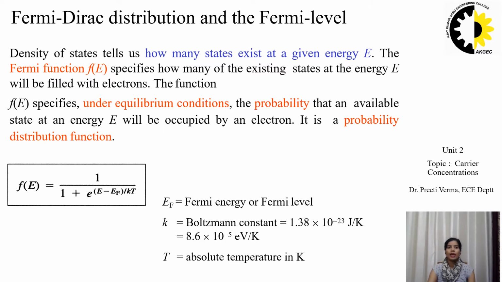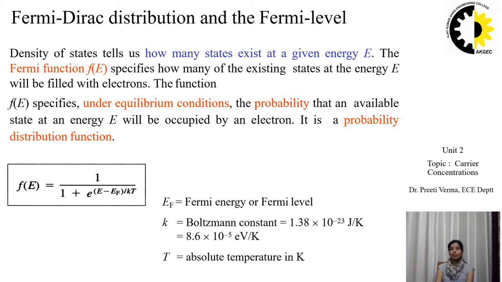For that we have the Fermi-Dirac distribution and the Fermi level, using which we can find the probability of the presence of electrons and holes at a defined energy level E. The density of states tells us how many states exist at a given energy E. The Fermi function F(E) specifies how many of the existing states at the energy E will be filled with electrons.